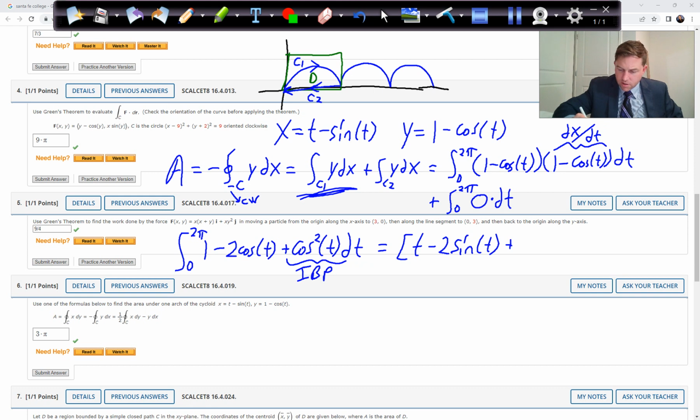I think we actually saw this exact problem, cosine squared t integration by parts, in an earlier homework set. It's 1/2 t, after you take the antiderivative, plus 1/4 sine 2t. Actually, as I'm looking at that, it's either integration by parts or it might be a double angle formula. So I think you can get there either way.